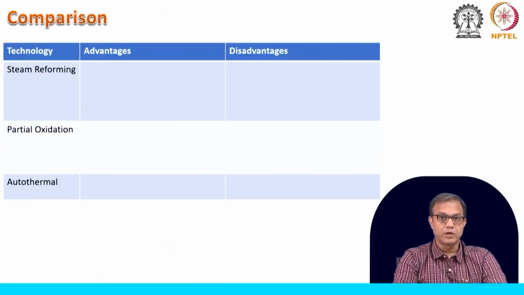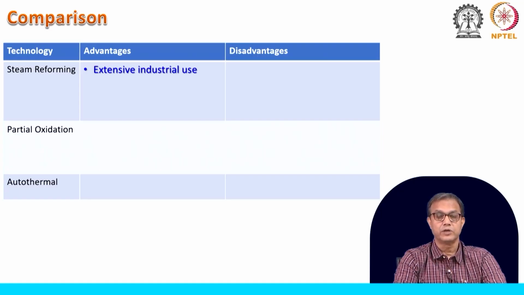So, let us try to have a comparison of these three processes that we have learned so far, that is steam reforming, partial oxidation and autothermal. So, what are the advantages of this steam reforming process? It is extensively in use on the industrial scale, and we have a lot of experience of handling it in the industries, and of course, there is no O2 requirement in the steam reforming process, but we need a catalytic bed.